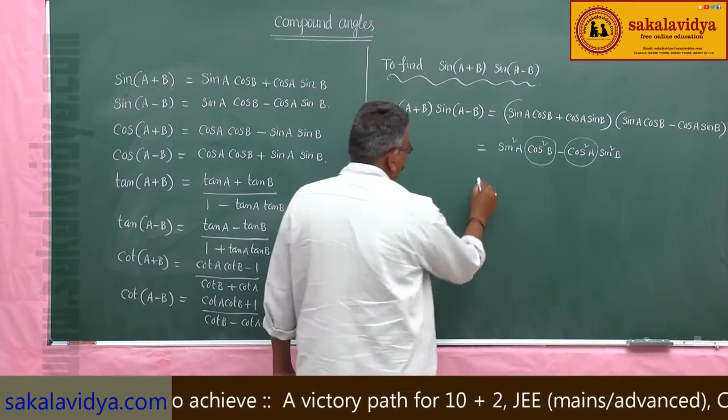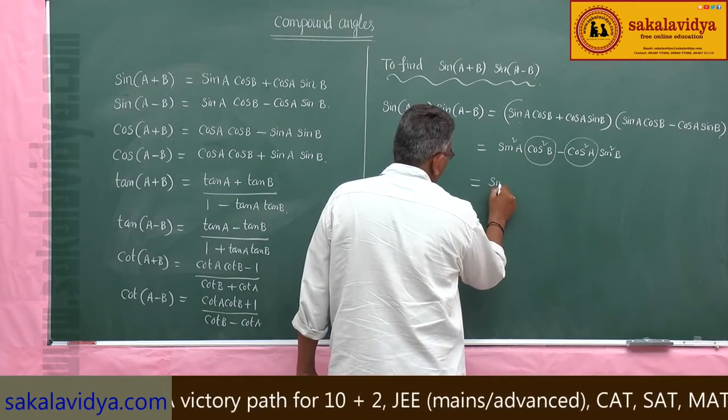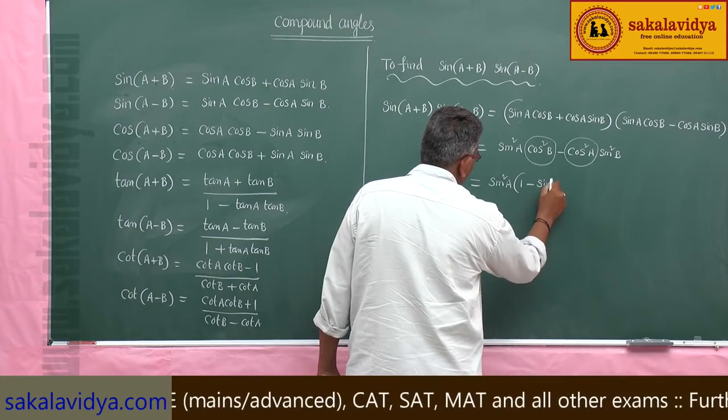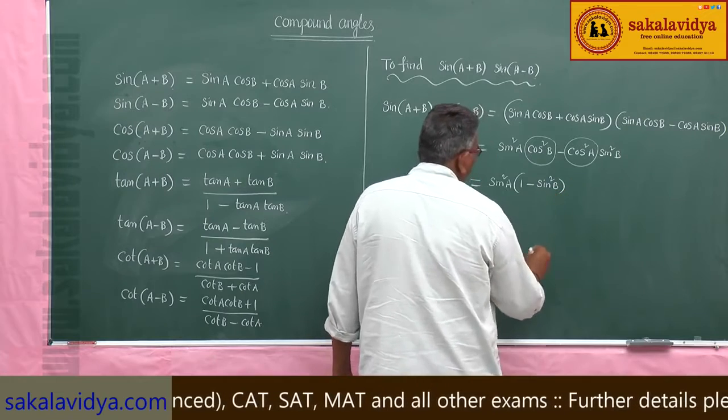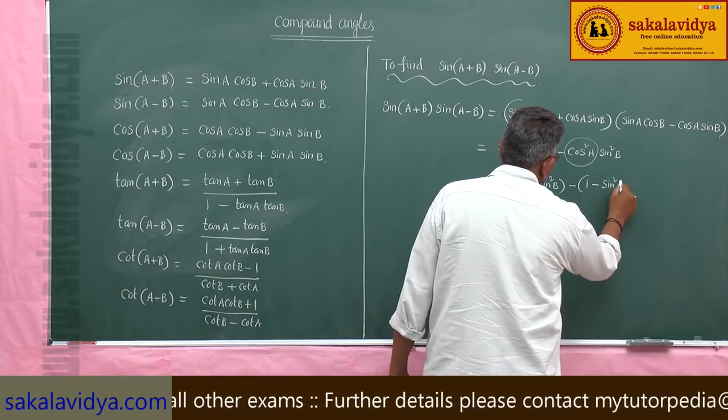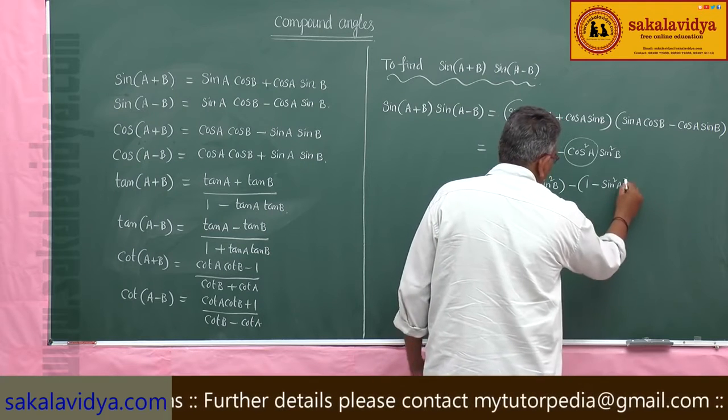Let us write it. So sin square A into 1 minus sin square B and minus 1 minus sin square A into sin square B.